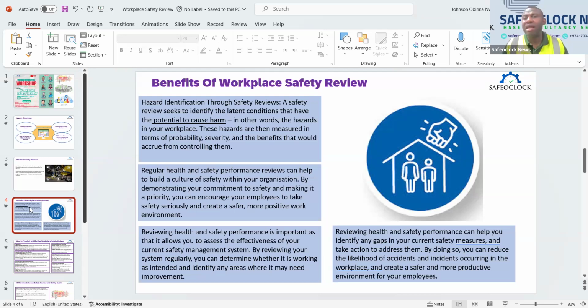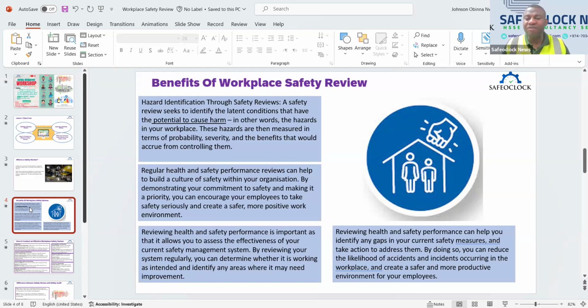In as much as you are not doing safety review just to meet legal requirements, in the process of carrying out safety review, you will have the insight to compare your policies and procedures with what the law actually says. So that is one of the benefits of safety review.